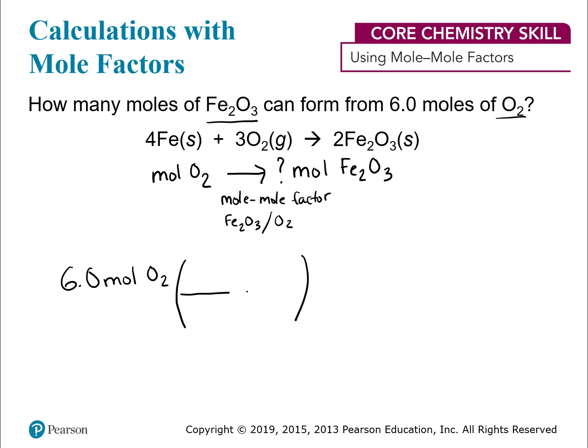So we'll set up an equation, but before we try to make the mole-mole factor, let's just write the two of them that we can make. So if we're dealing with oxygen and the iron 3 compound, that means we're looking here and here. Just give me one mole-mole factor that you can write that relates these two compounds.